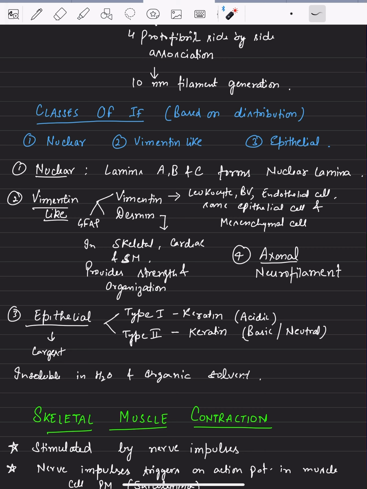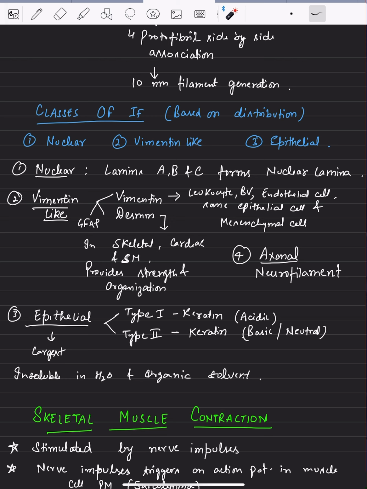So there are lamin proteins, that is a type of intermediate filament only. There are different types, lamin A, lamin B and lamin C protein. Then second is the vimentin like. It could further be subdivided into vimentin, desmin and GFAP, and they are named according to where they are observed.